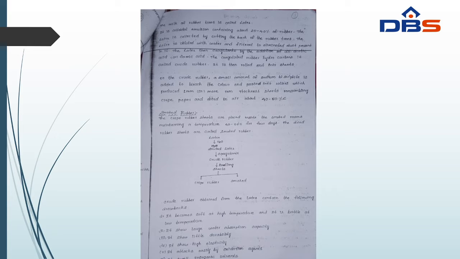Next, the crude rubber obtained from the latex has many drawbacks. First, it becomes soft at high temperature and brittle at low temperature. Another drawback is that it shows large water absorption capacity.